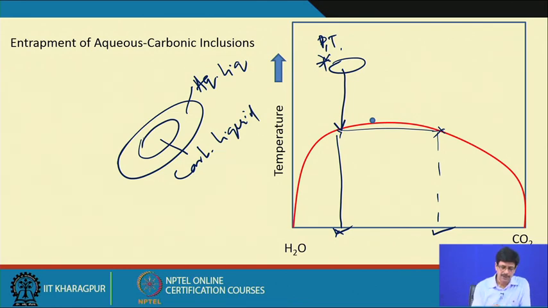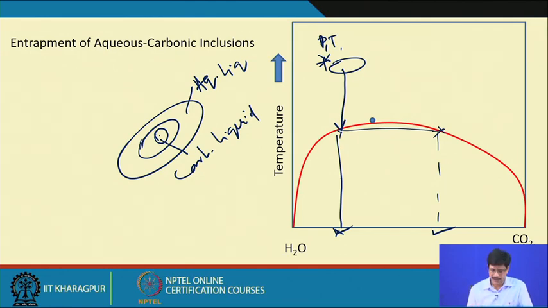So, this carbonic liquid, exactly after the entrapment process, since the pressure and temperature are decreasing and also because of the differential contraction of the liquid compared to that of the host solid, a vapor bubble will nucleate, and that vapor bubble will be a carbon dioxide vapor instead of an aqueous vapor, because it is basically the separation of the carbon dioxide vapor which will accommodate the shrinkage in the volume, and it is always a carbon dioxide vapor.